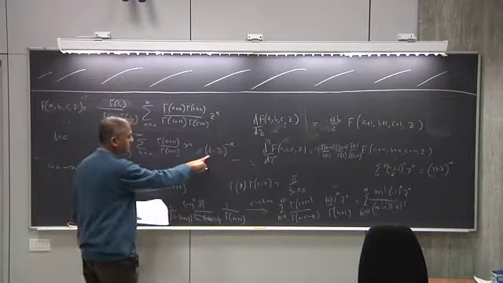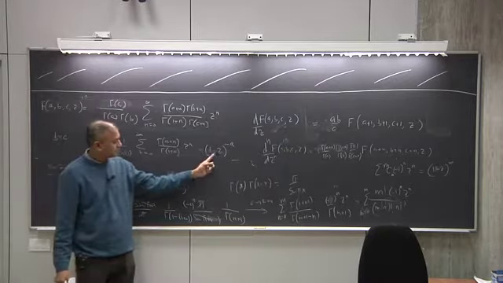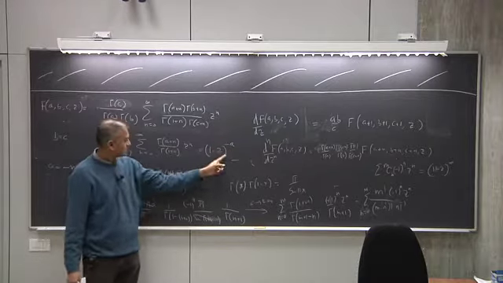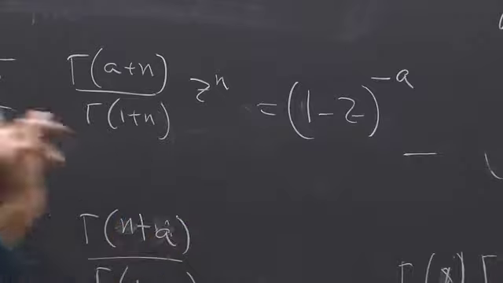You remember, a few days back, last time I tried to expand this guy, right? This was exactly this gamma of a plus n divided by gamma, if you remember. It was this expansion.